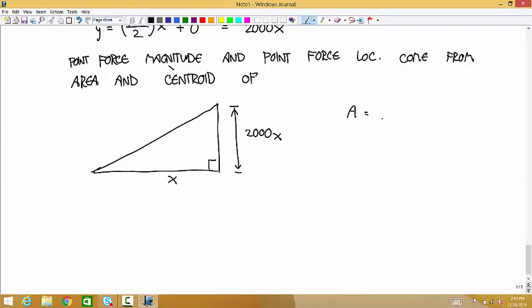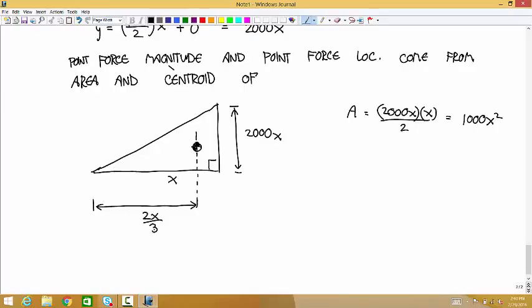And so A is equal to 2,000x times x over 2, so 1,000x squared. And the centroid, what's this distance? Yep. Anybody have any questions about that?